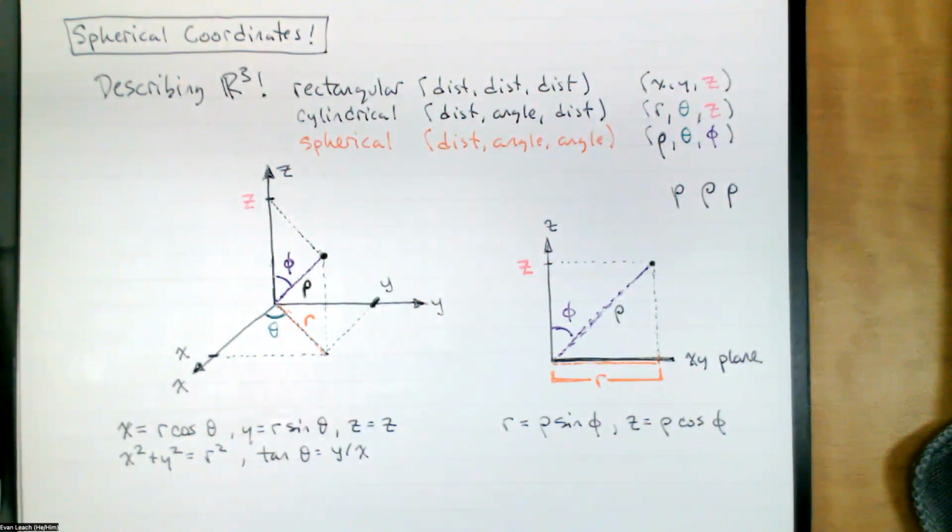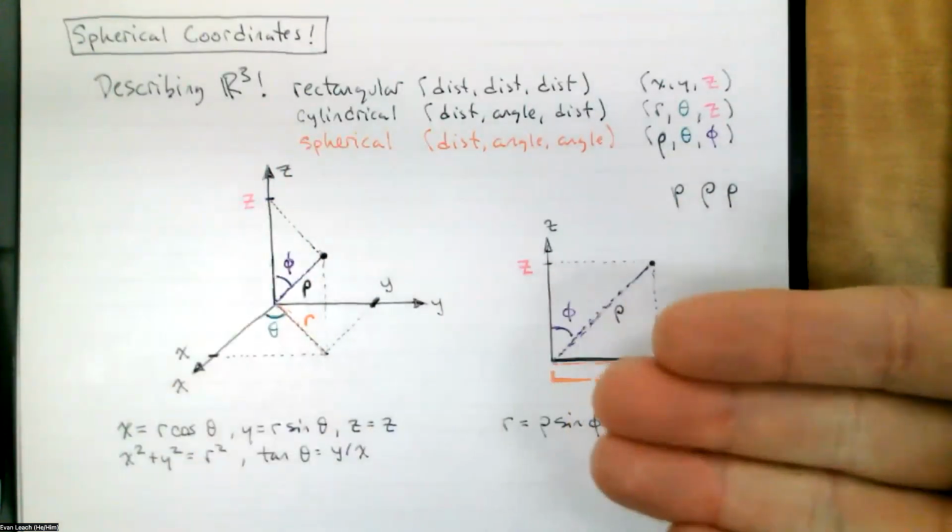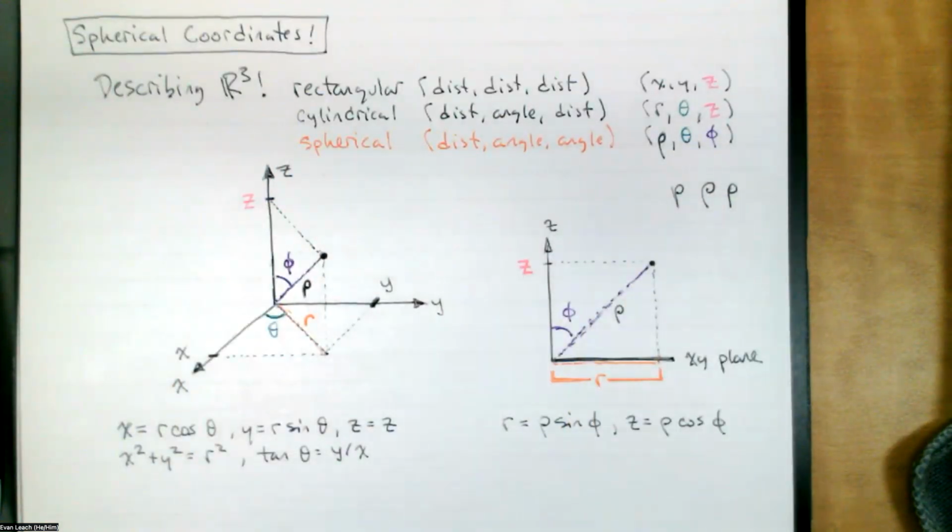The theta that we use in cylindrical coordinates is the same theta that we use in spherical coordinates. We want to grab this plane, which is at this angle of theta, and lay it flat so we can see how z, r, rho, and phi are all related.